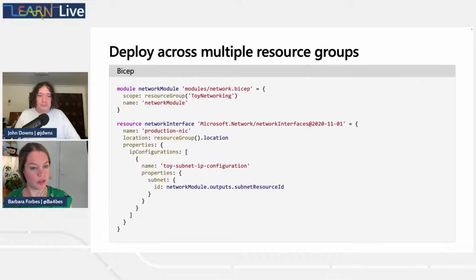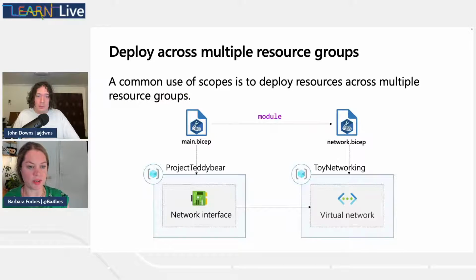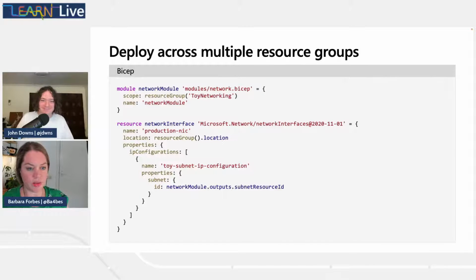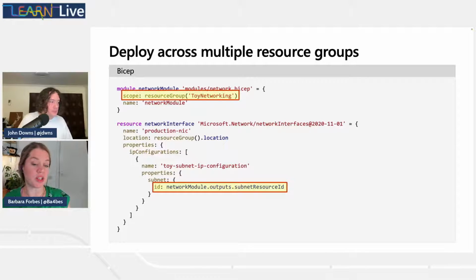And if you would deploy this, we have the example as well. So if you see here, we have the network module, which is scoped at a different resource group. So in this case, the toy networking one. But the nice thing you see here is with the network interface resource that we can now point it to that subnet in that network module.